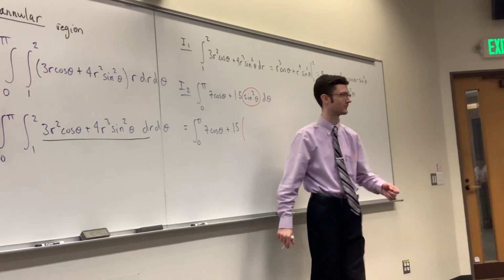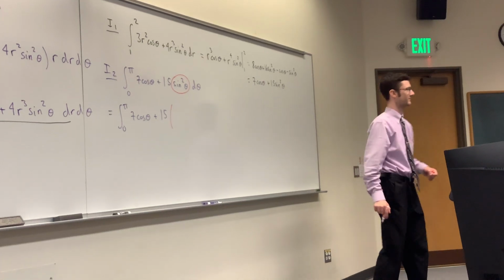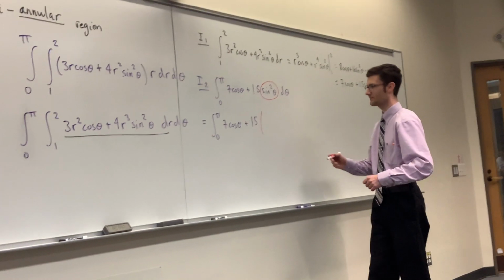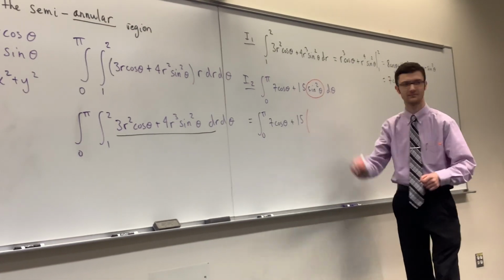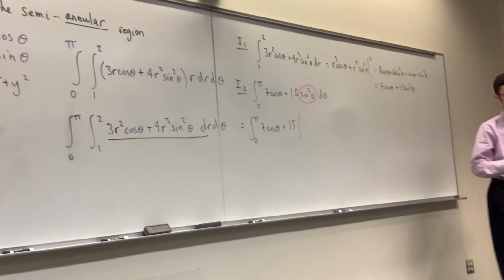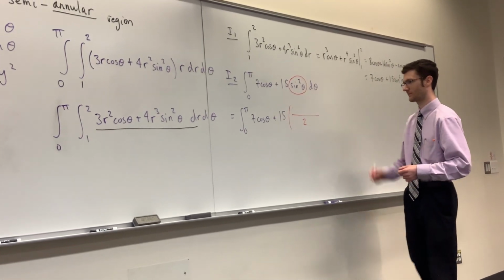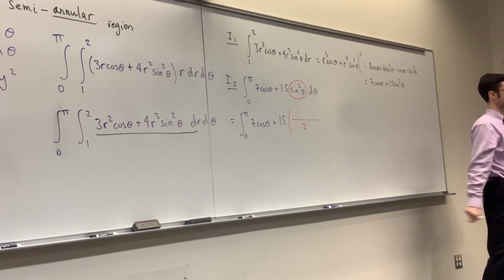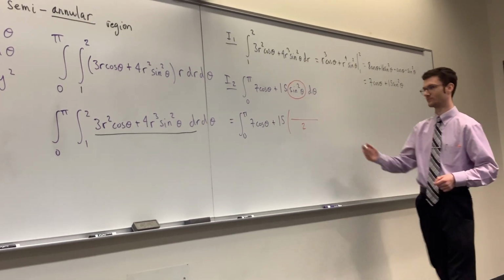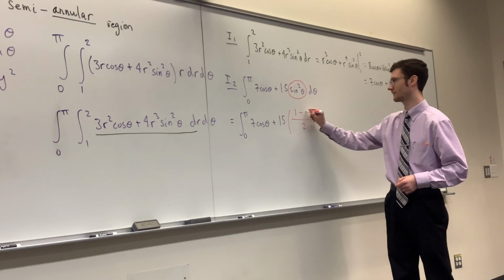Now, what is the half angle formula? Do you remember it? There's a 1/2 times 1 minus cosine 2 theta. Bingo.